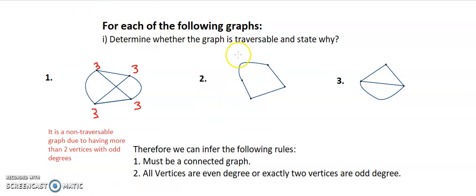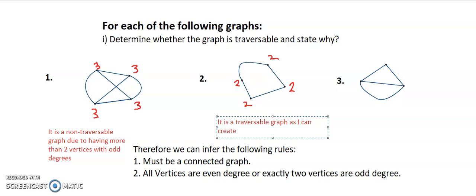Let's go to our second one. We can see straight away that every single vertex has an even degree, which means it has to be a traversable graph, as I can create a trail.